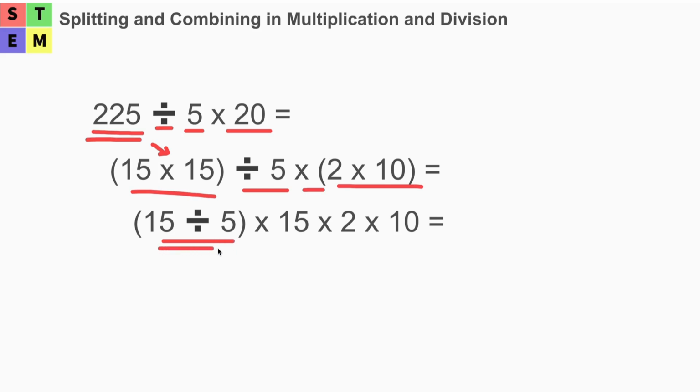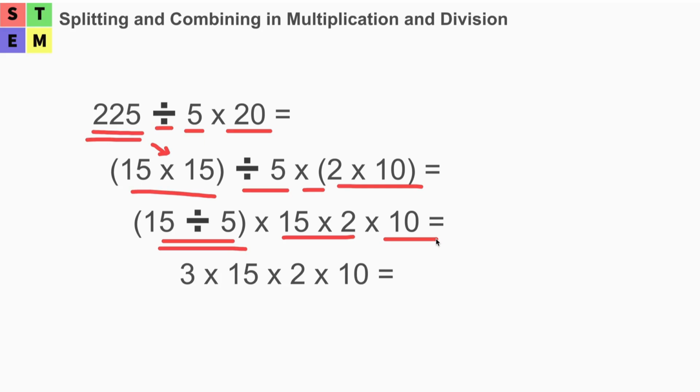Why is that? It's because it's easy. So 15 divided by 5 equals 3. We got 3 there. And 5 times 2 is 10, right? And 15 times 2 is what? 30. And then times 10.